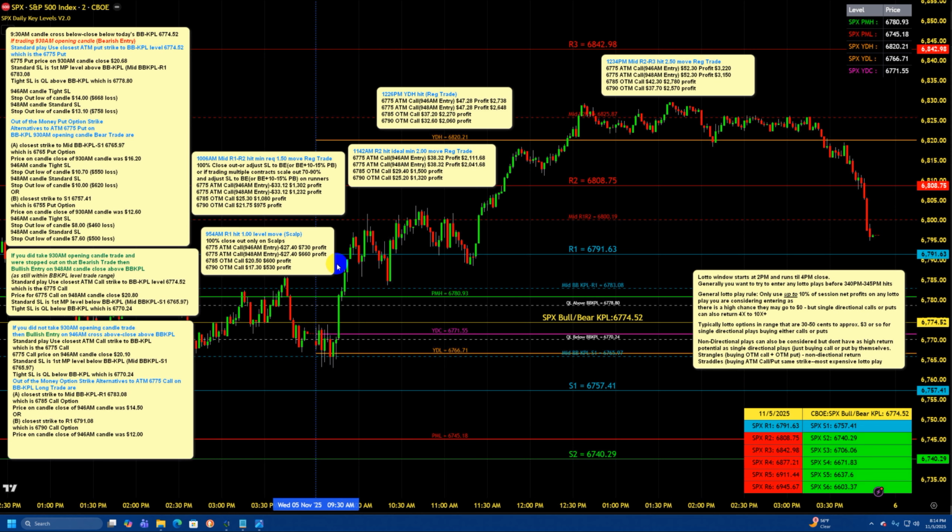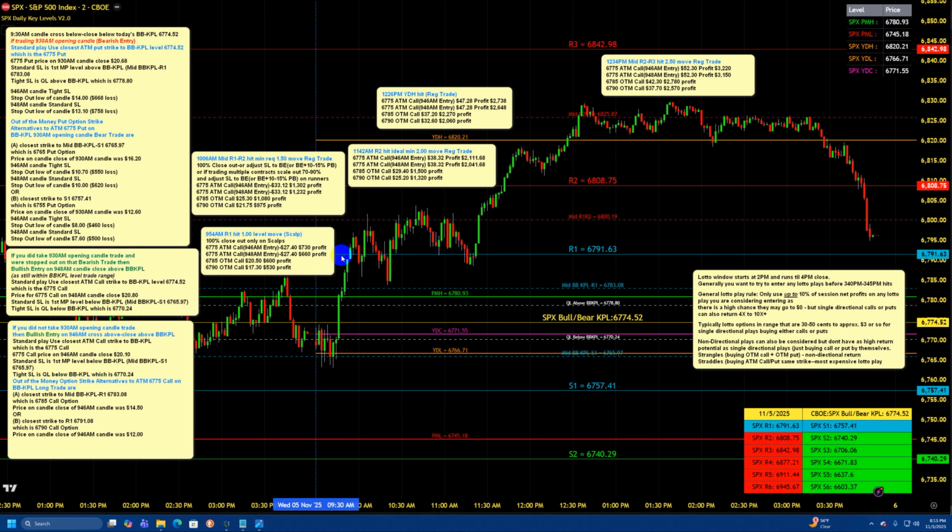It's not exceeded that. If, for example, this candle had gone all the way up to R1 and closed here, then you would not be taking a trade off of the bull bear key price level.